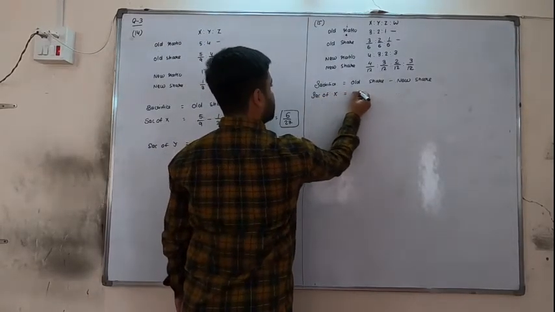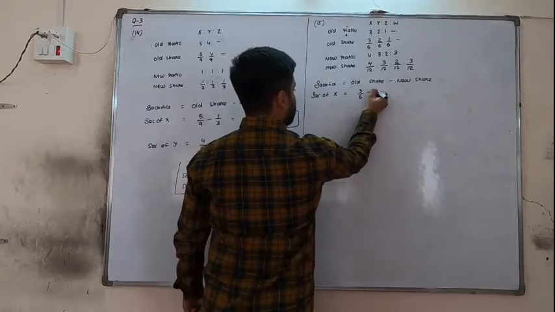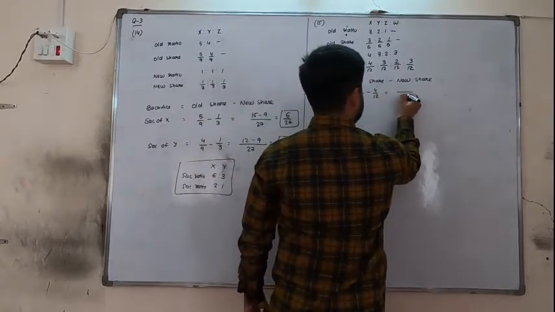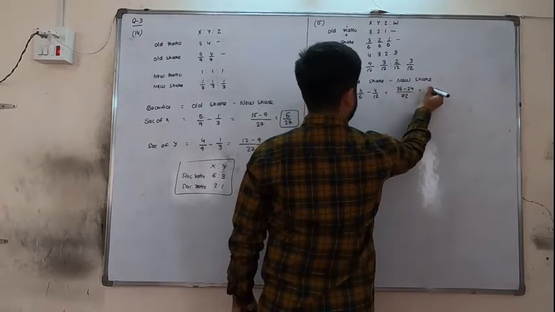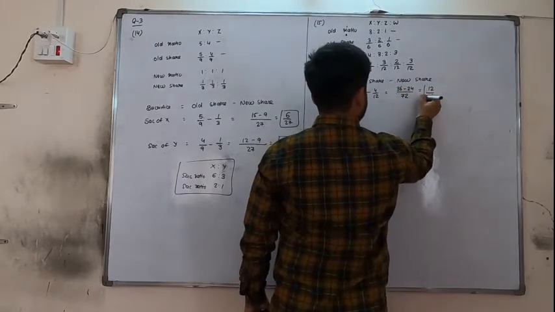Sacrifice of X: 3 by 6 minus 4 by 12. 12 6s are 72. 12 3s are 36, 6 4s are 24, so 12 by 72.